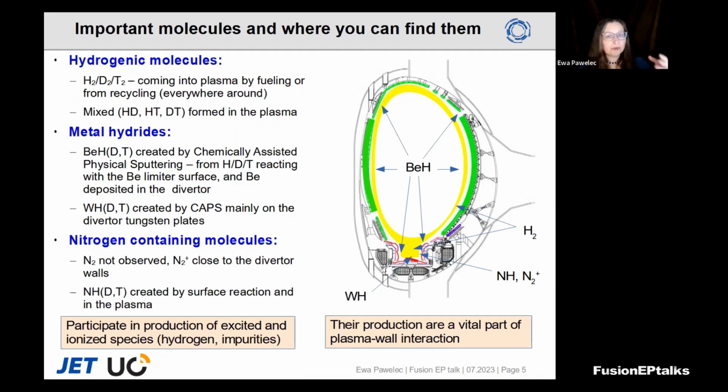So if you have already the ions and the atoms from the plasma, they will recycle from the wall, forming molecules. Those molecules may have different properties if we compare them to the molecules that come from seeding, from fueling directly.